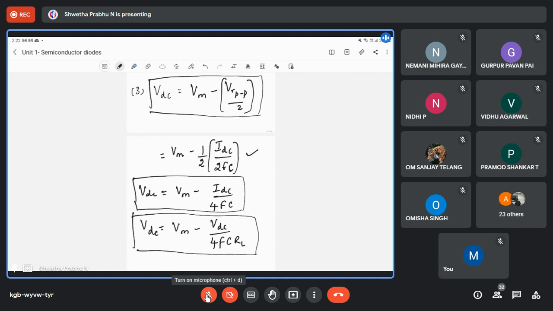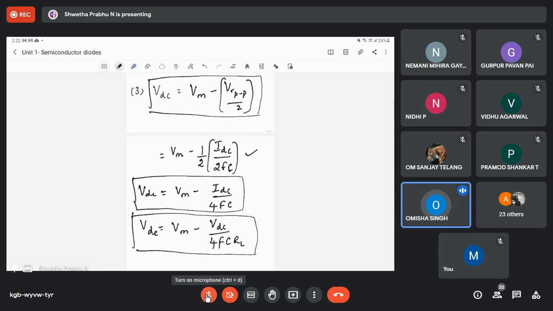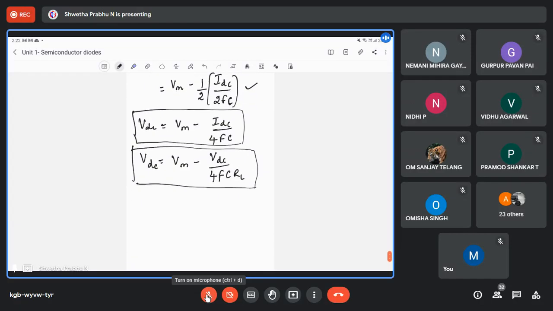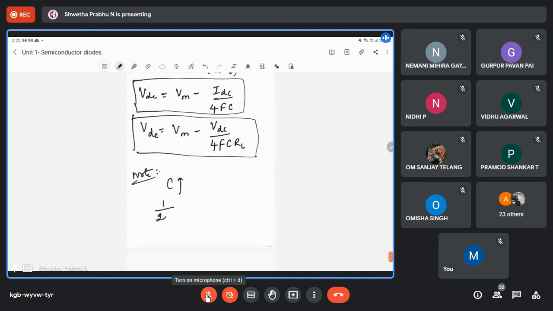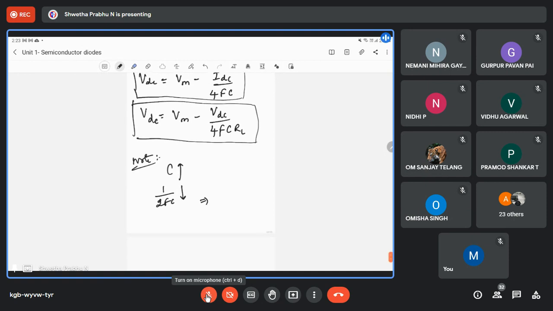You have to make a note of this analysis. As C value increases, 1 over 2 FC value will decrease. During that time, VDC will be approximately equal to Vm. This is one of the quiz questions.